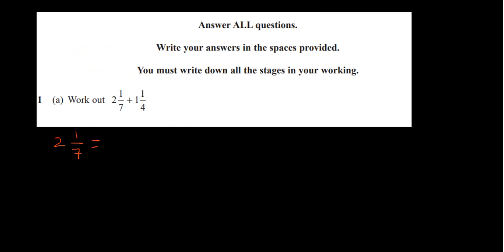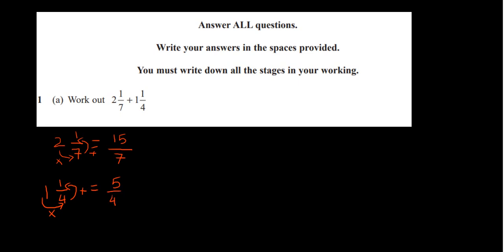So I'm going to do 2 times 7, that's 14, add 1, that gives me 15 over 7. And then I'm going to do the same thing for 1 and 1/4. So do 1 times 4, gives me 4, add the 1, that's 5 over 4. Alright, I've got these two as improper fractions.